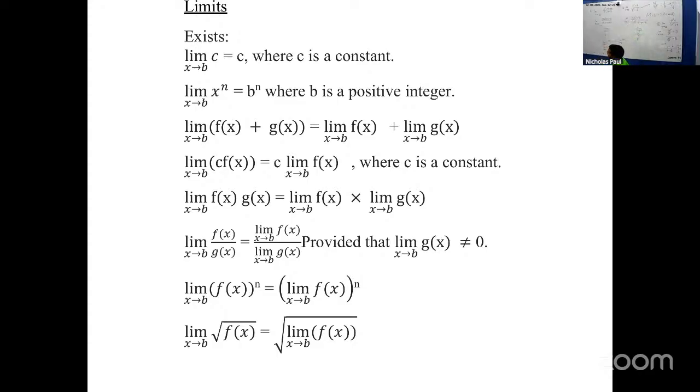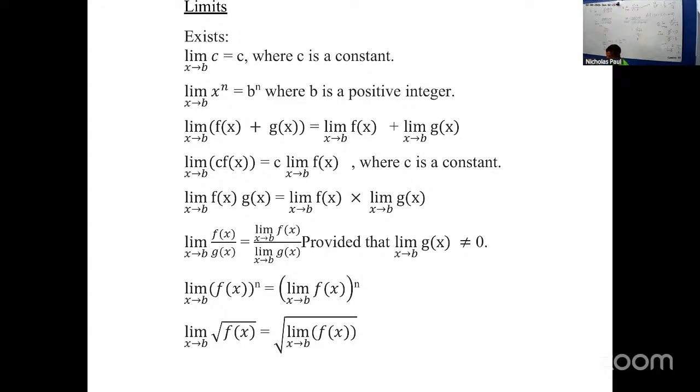Next, whenever you have a product, you can find the limit of each individually. If it's a division, you can find the limit on top and below. This one here is really important. When we're doing first principles, you will need this one. The limit of f of x to the power n, I can pull the power to the outside, because it's the same thing over and over.